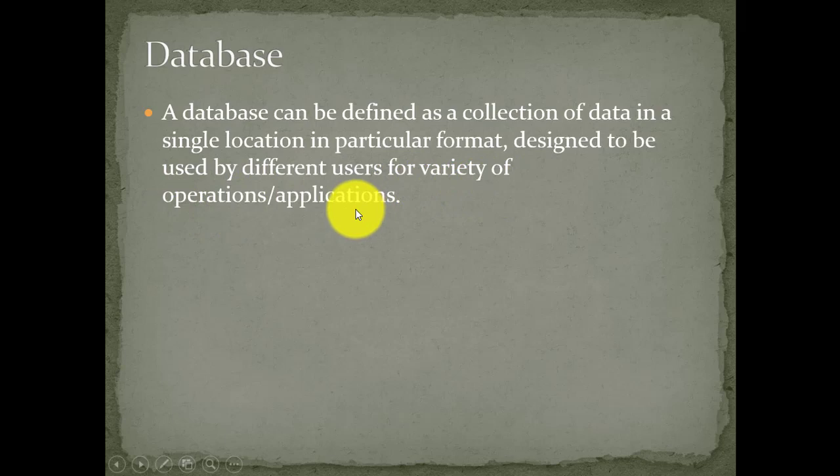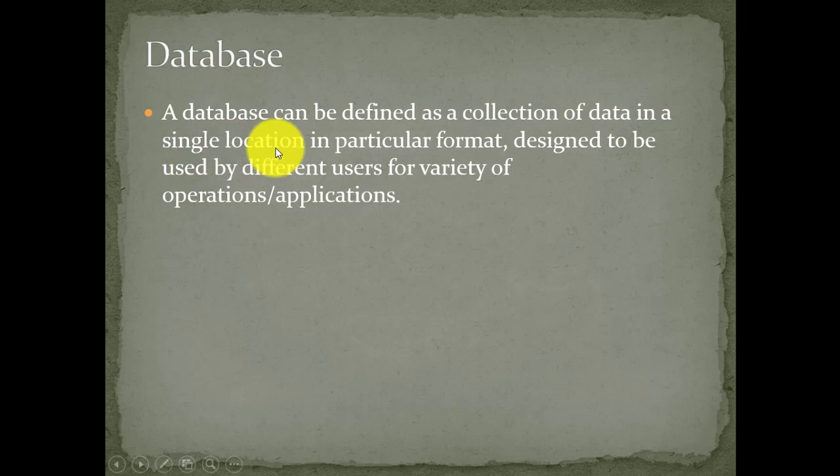Let us break this database definition and try to understand what exactly the database is. Look at the first line. The database can be defined as a collection of data in a single location. So it is a collection of data. We have seen some examples of data at the start of this lecture, and this is a collection of data, but it is available at a single location.